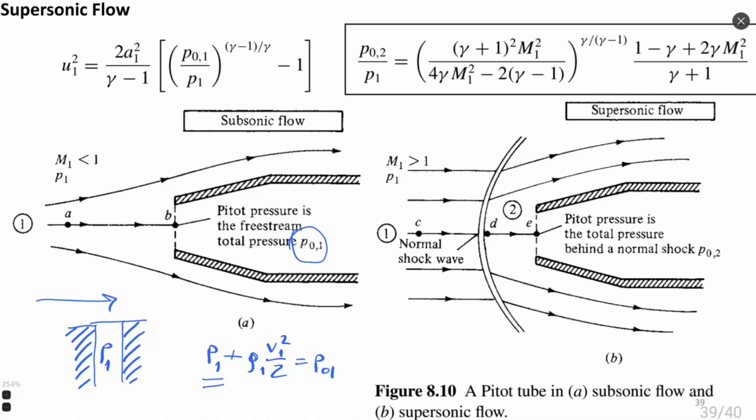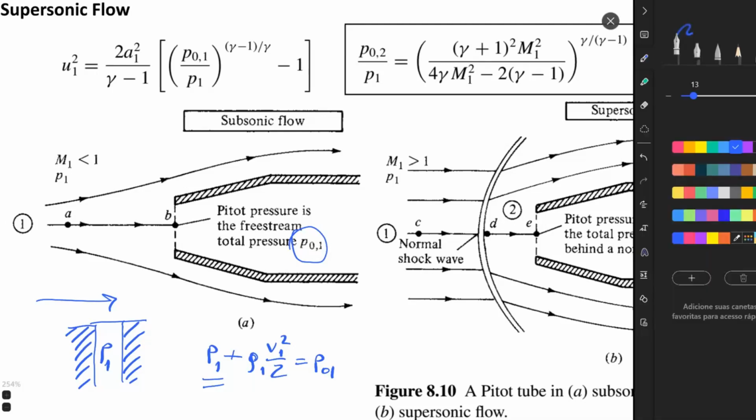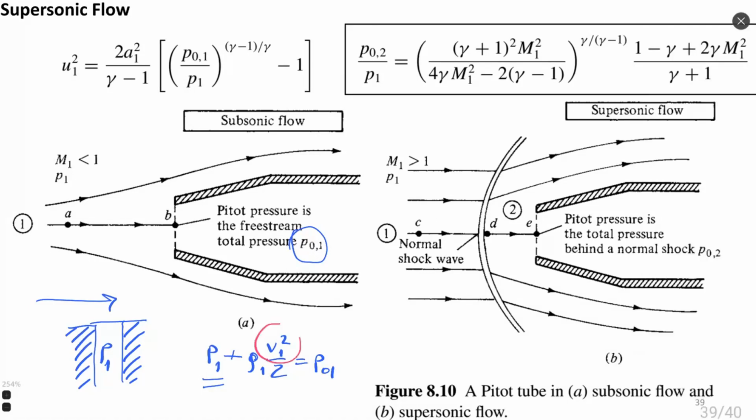It does not disturb the flow, and it's very good from the point of view of performance. Aerodynamic performance absolutely is not suffering. So we measure pressure 1 by this sensor. We measure pressure 01 by a sensor which is located against the flow, as shown in picture A. And we can calculate easily this velocity V1 from this equation. Absolutely no problem.